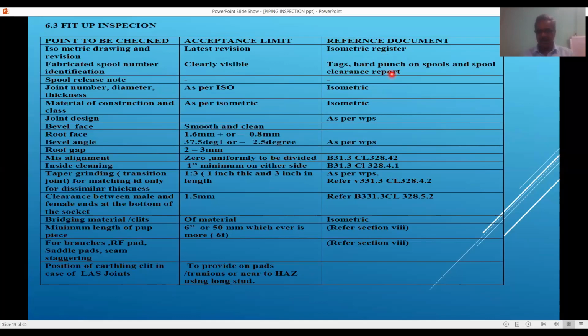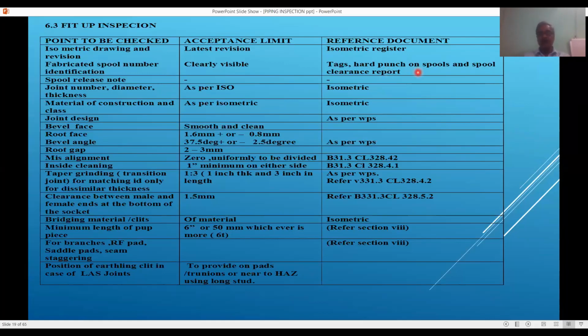Then tags, hard punch on spools, and the spool clearance report. Any spool fabricated in the fab shop, where huge fabrication takes place, many spools will be transported to the site. Sometimes specific spools will not have a clearance report.